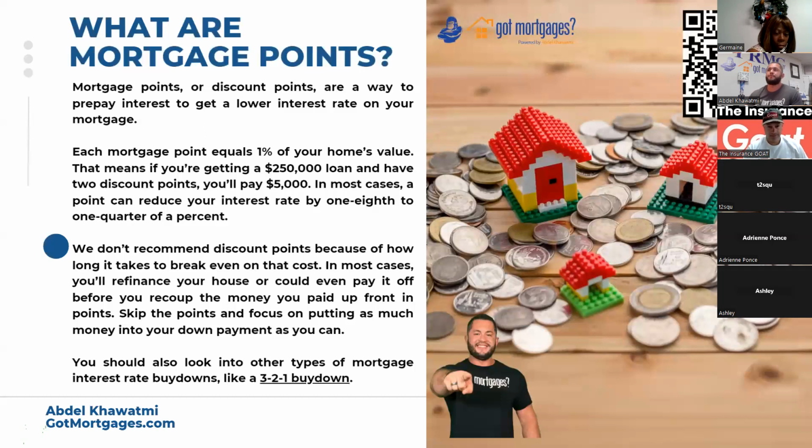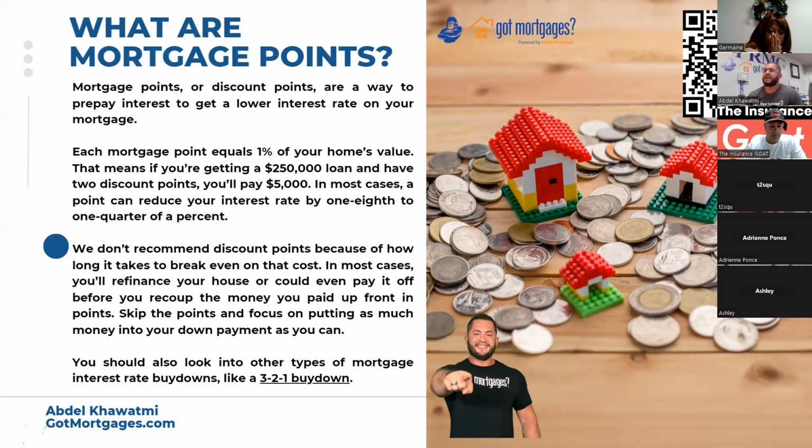So Mike, just like how we were trying to figure out that break-even point with each other in regards to paying mortgage insurance and whether it's worth it, I do the exact same thing for our clients when it comes to discount points. I always tell them, listen, man, 6.5 sounds better than 7. Nobody's arguing about that. But the cost to acquire 6.5 is hypothetically $5,000. The cost to get 7 is, say, $1,000. That's a $4,000 difference.